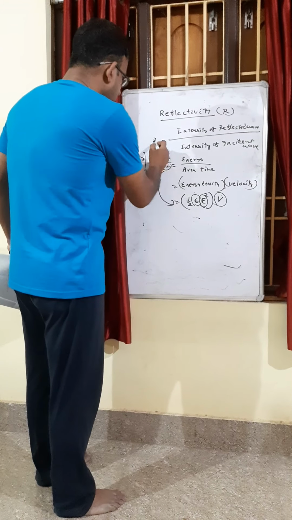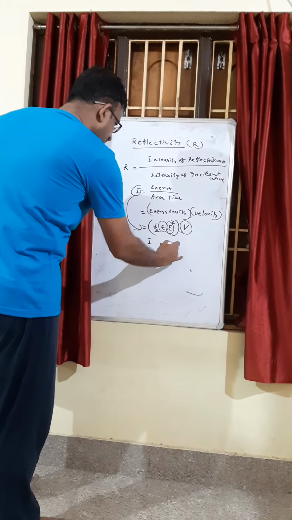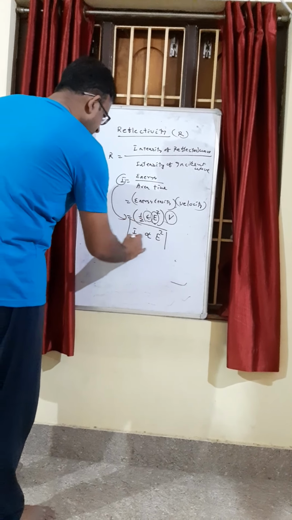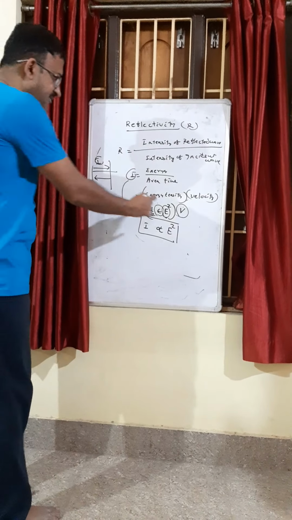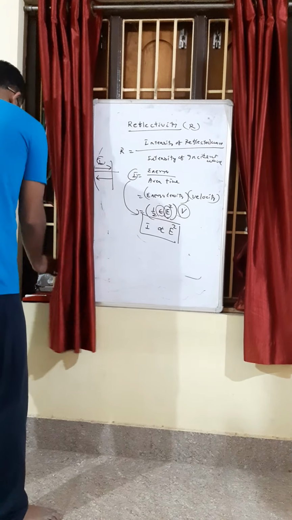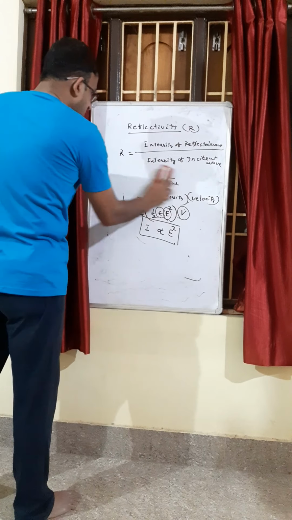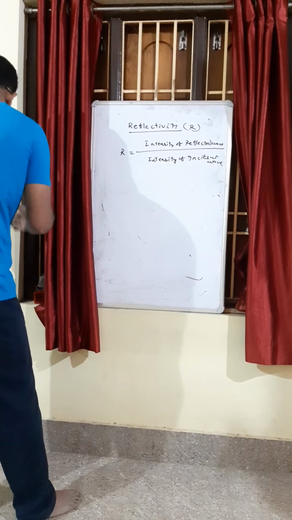Therefore, the intensity is proportional only to the square of the amplitude of the electric field, because epsilon and V are the same. Taking this into consideration, how do we get the reflectivity?